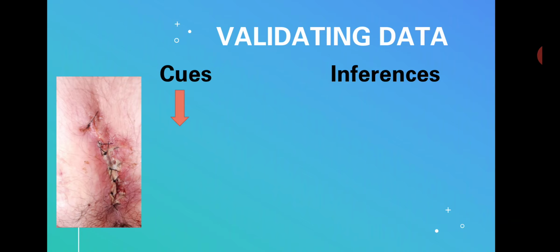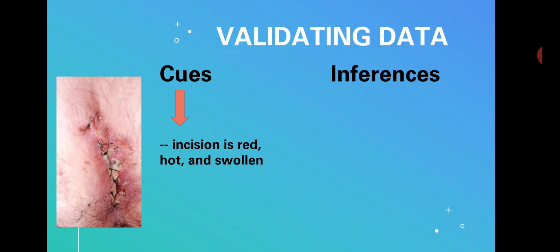I'll give you a few seconds to make your objective cues or objective data of the picture. Okay, so as you can see, it is reddish, and there might be a discharge or pus coming out of the incision.